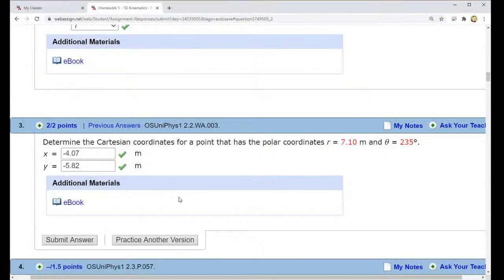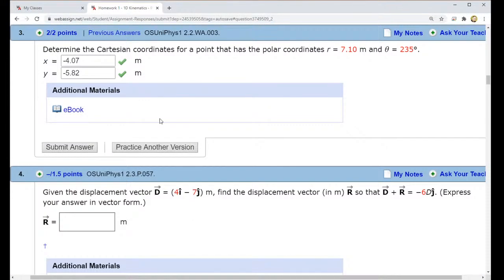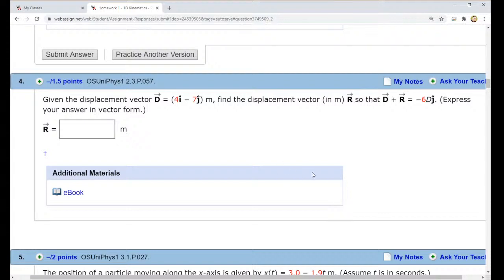But that's a convention. You can define these things as long as you're consistent. Maybe for a problem you want to call up negative. You can do that as long as you're consistent. But in this case, you have to go with the convention because WebAssign is expecting the convention. If you have any questions about that, put them in the comments, but we're going to move on here.